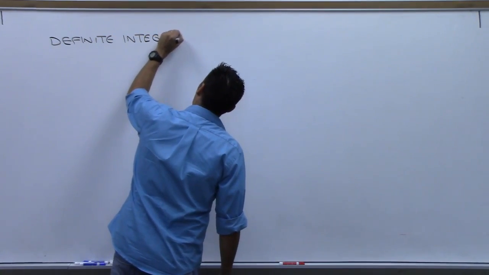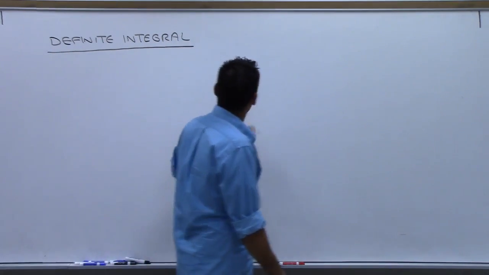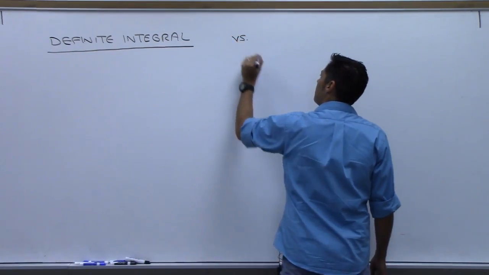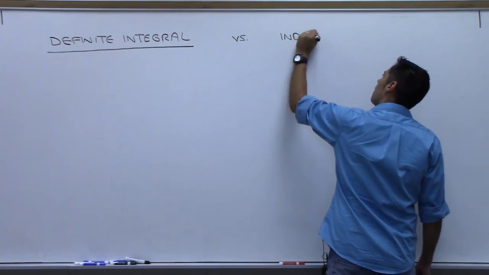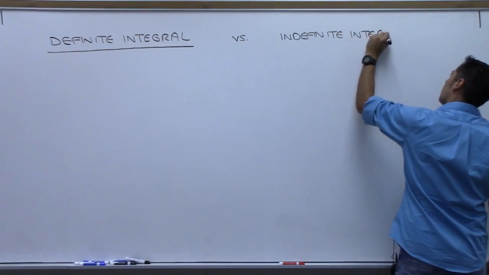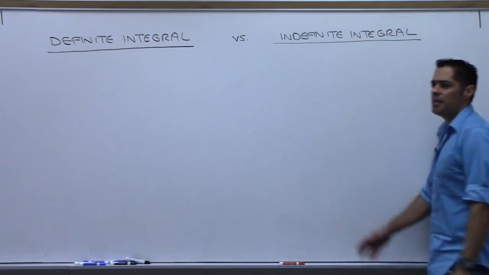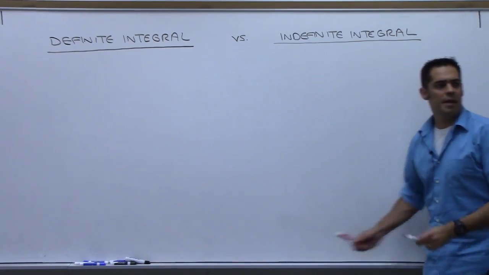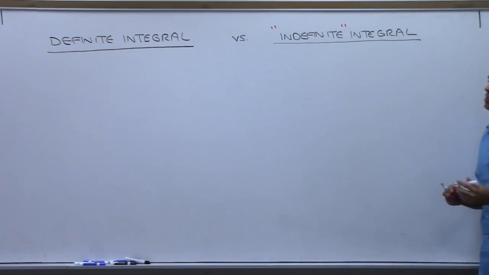And I'm just summarizing all these sections. Now, I'm going to put definite integral here versus the indefinite integral, which is what we've been doing. I don't know if I've stressed that word to you while we've been doing it, but we've been doing indefinite integrals.